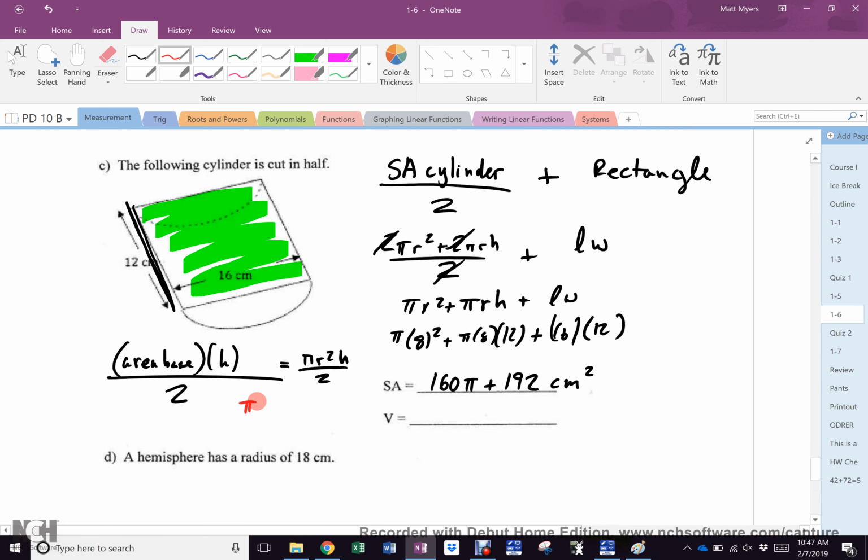So it is pi times 8 squared times 12 divided by 2, which is 64 times 12, which is 640, and another 128 is 768 pi divided by 2, which is 384 pi, or approximately 1,000.